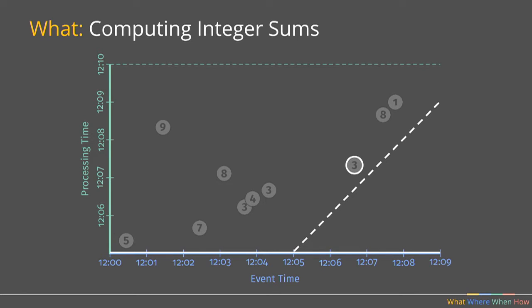This score 3 happened at like 12:06, and we observed it at 12:07, so it's very close to this ideal timeline, right? This guy here happened at 12:01, but we observed it 7 or 8 minutes later, right? So that one is a little bit harder to process.